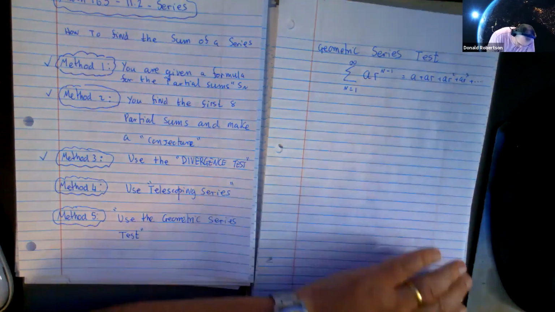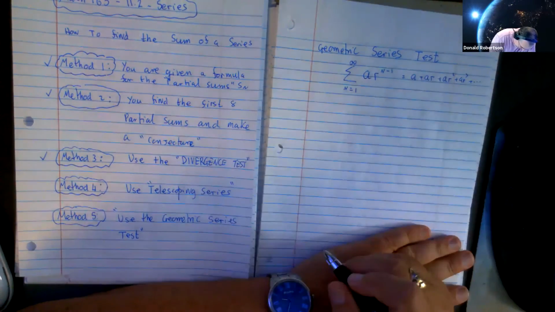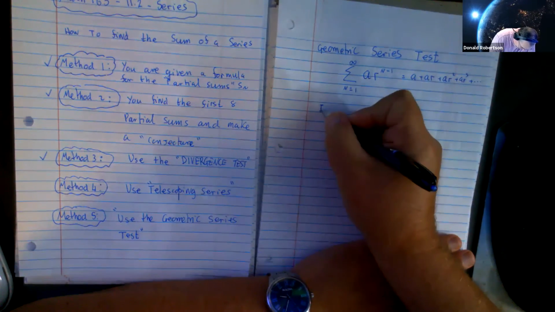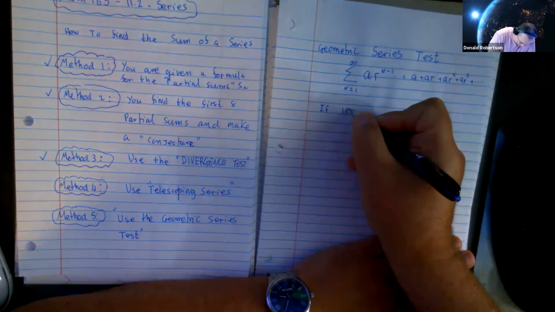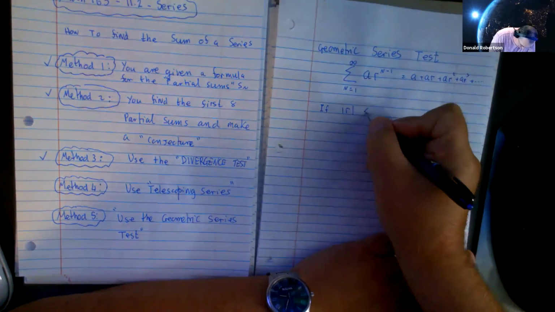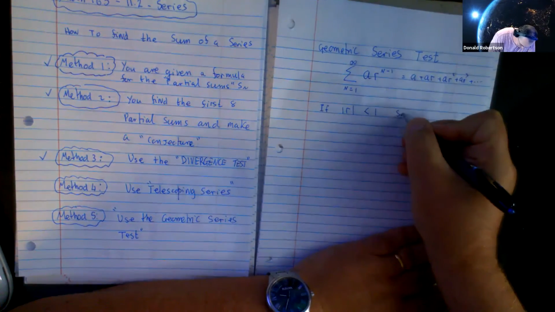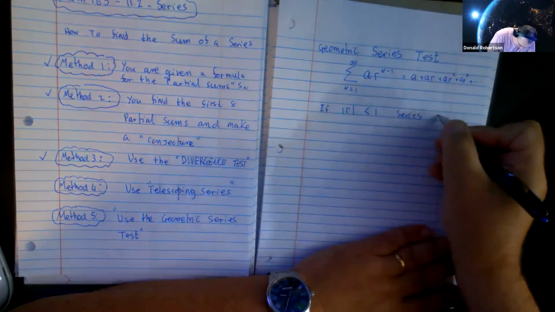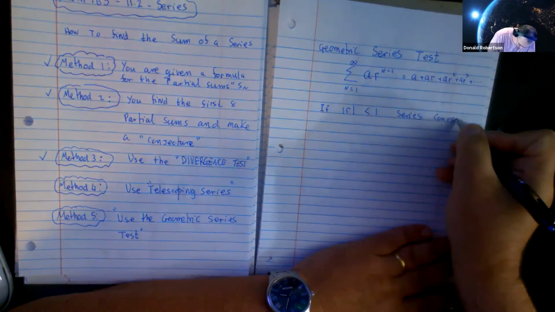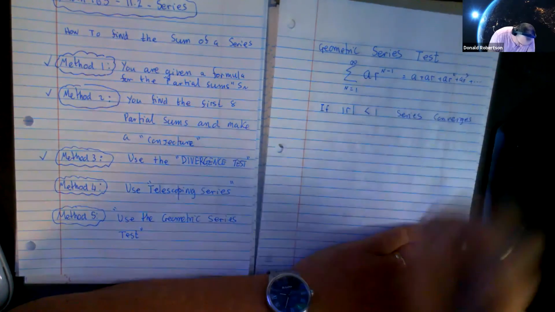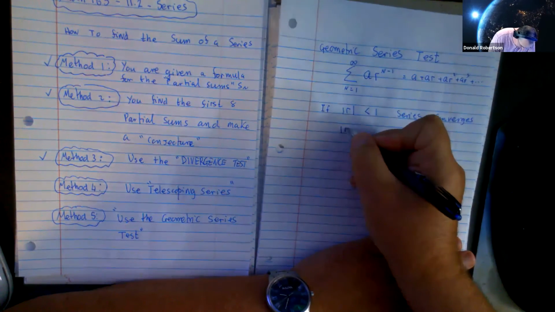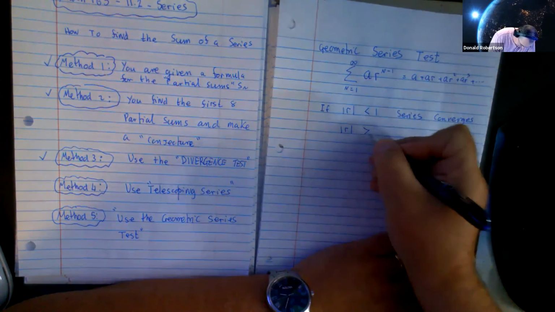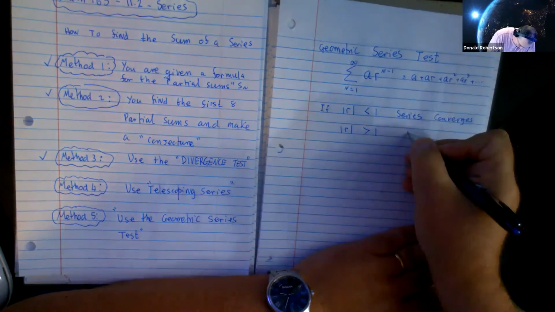And all you need for a geometric series test is, if the absolute value of R is less than 1, the series converges. And if the absolute value is greater than 1, the series diverges.